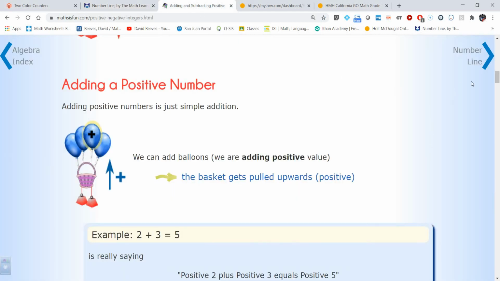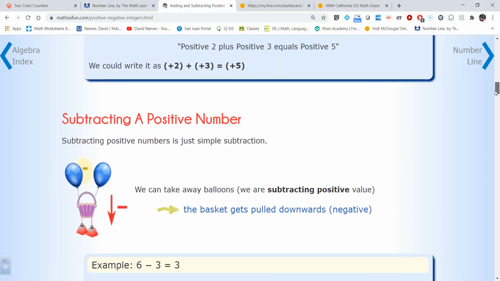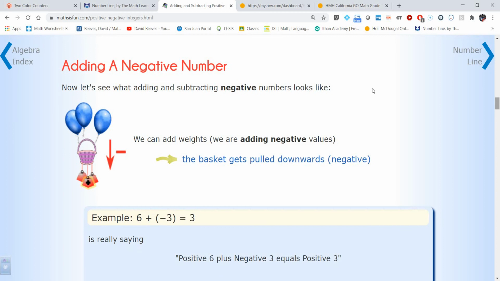All right, so let's go back to our balloon. What about if I want the balloon to go down? Now, I'm going to go to this one right here because this is what we talked about already. I can add more weights. I believe I said make the balloon go down. I meant the basket go down, okay? This basket will go down if I add more weights, right?